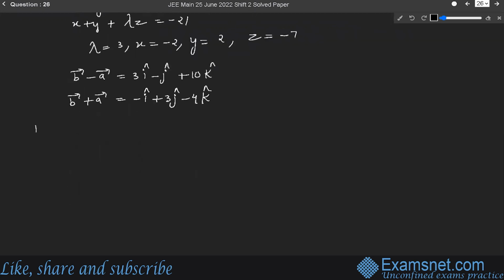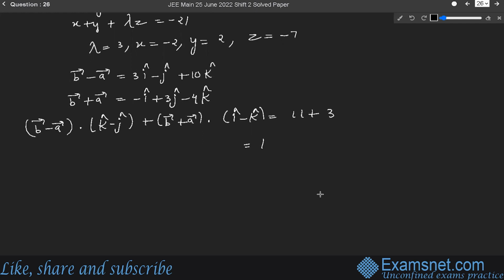Therefore, we can say that (B vector minus A vector) dot (k minus j) plus (B vector plus A vector) dot (i minus k) is equal to 11 plus 3, which will be equal to 14. Hence, the correct answer for this question is 14.